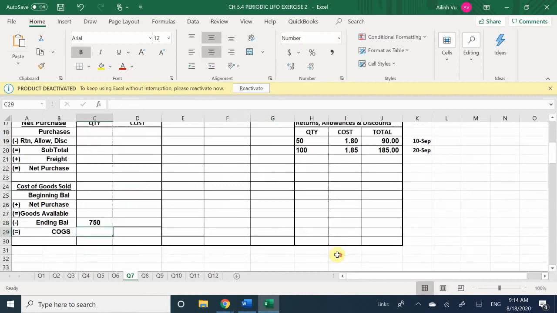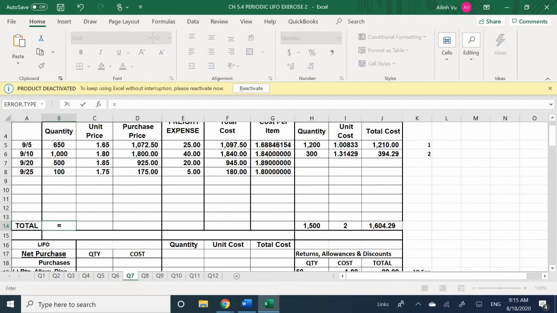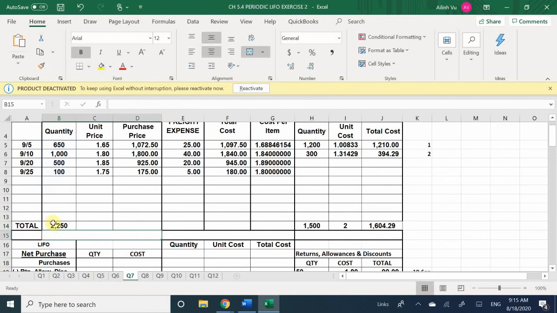All right, so let's go ahead and do our calculations for our totals here. What is my total quantity of purchases? 250. Yes, 250.